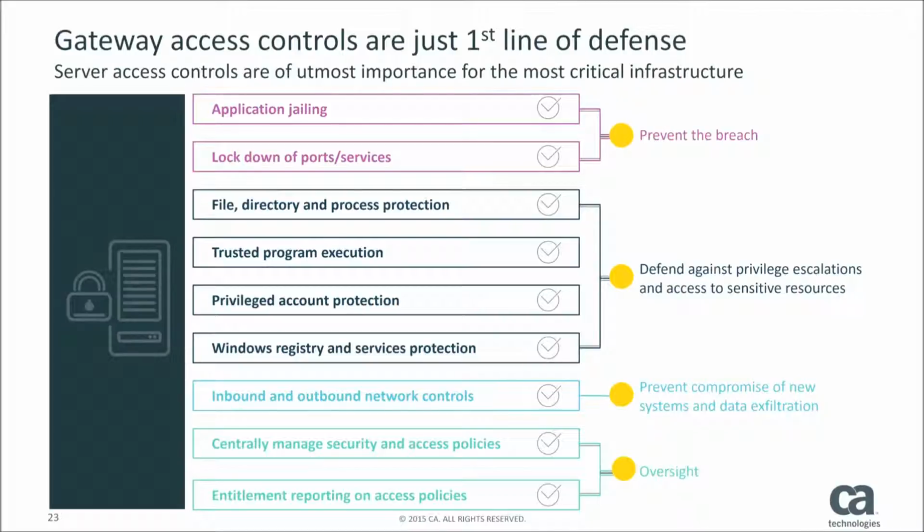This will help you to prevent the breaches, defend against privilege escalations even further, and protect sensitive resources, prevent compromise of new systems and data exfiltration from those systems, and finally prevent oversight or the things that you think you know but you just didn't think about.